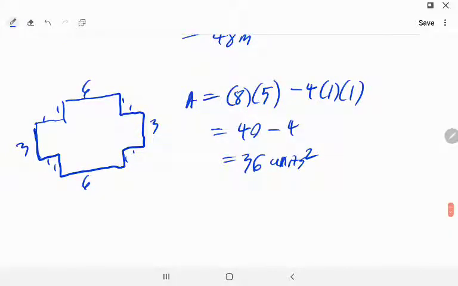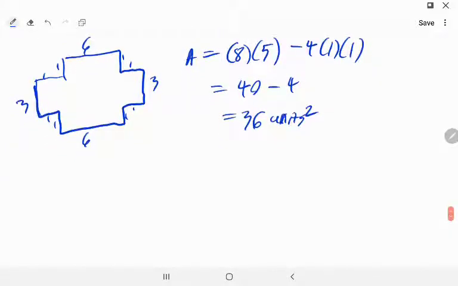Alternatively, we could do it chunk by chunk. We notice that we could break it up into rectangles.